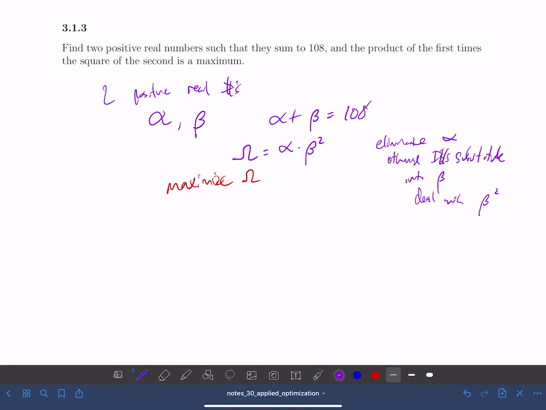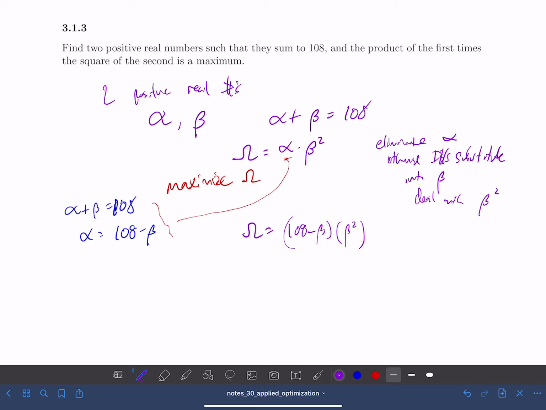So from alpha plus beta equals 108, I get that alpha equals 108 minus beta. So I'll substitute it in. Omega equals 108 minus beta times beta squared.